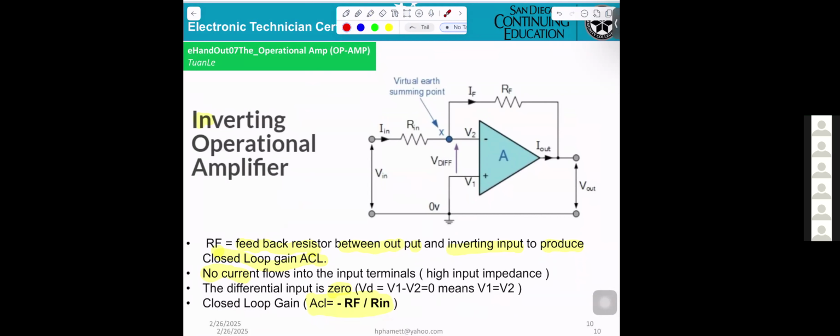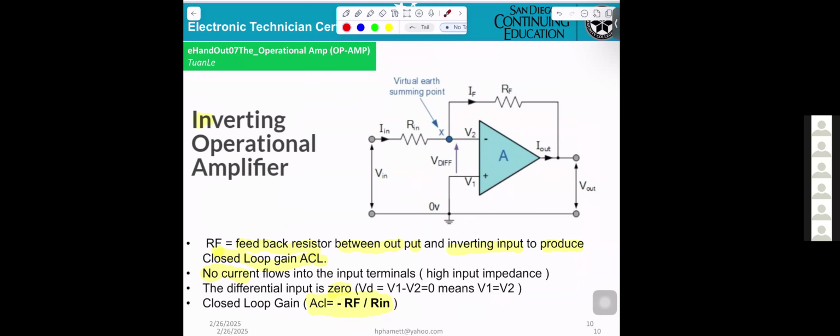When they connect this circuitry, this is the input here. They go to the negative input, and the positive input connects to the ground.